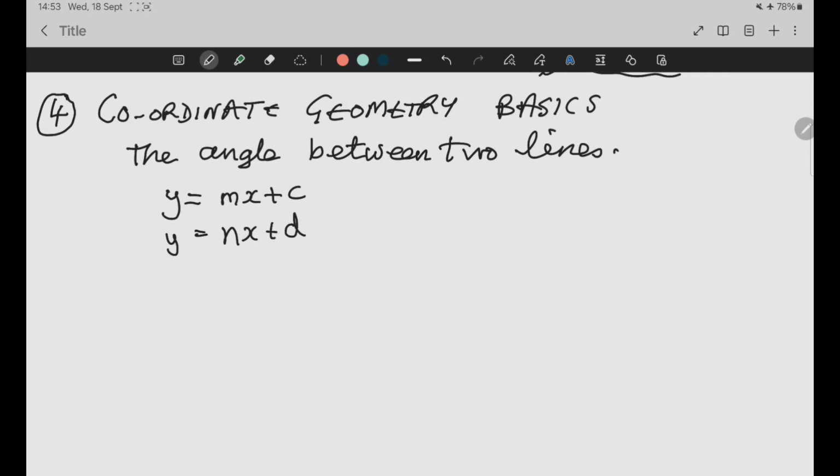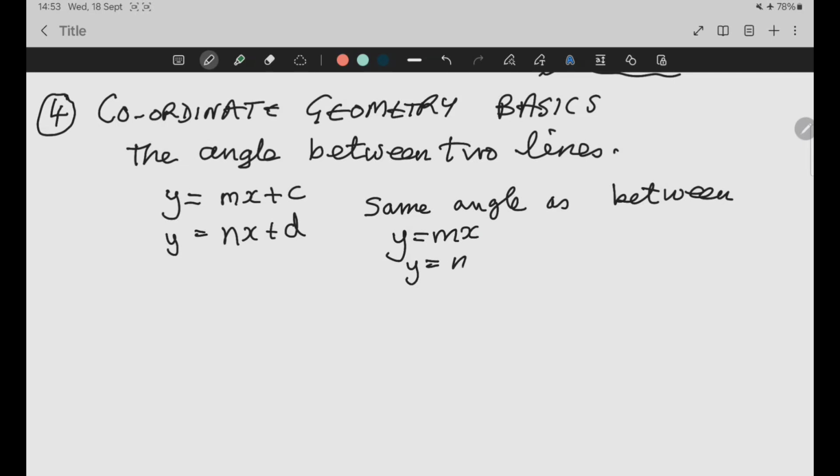Now the angle between these two lines will be the same as between the lines y equals mx and y equals nx. It shouldn't be too difficult to understand that. Okay, and of course this will be the easier way in which to deal with it.